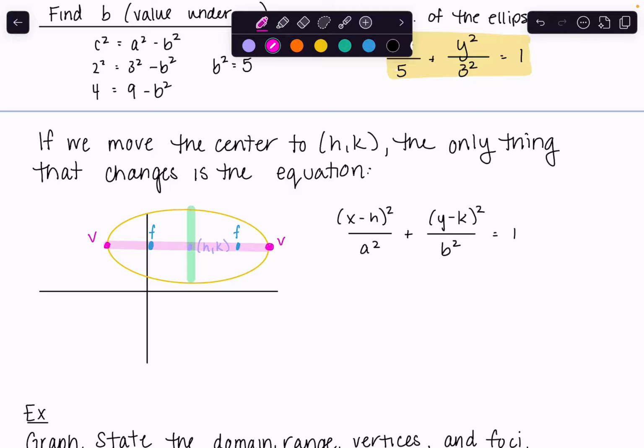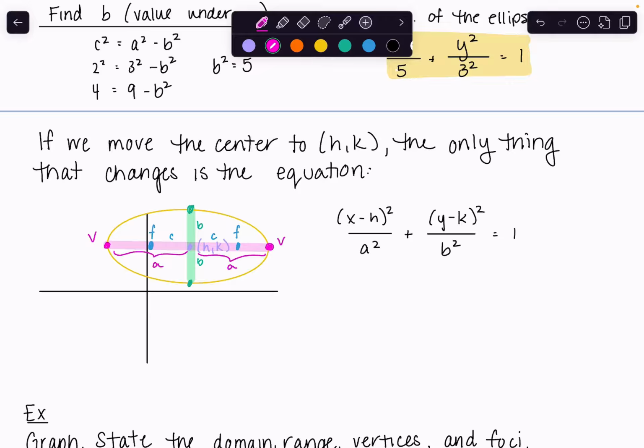So you add or subtract depending on what is your major or minor axis, okay? So in this case, you would move a distance of b. For the foci, you would move a distance of c, to get out to the foci. And then to get out to the vertices, you move a distance of a.